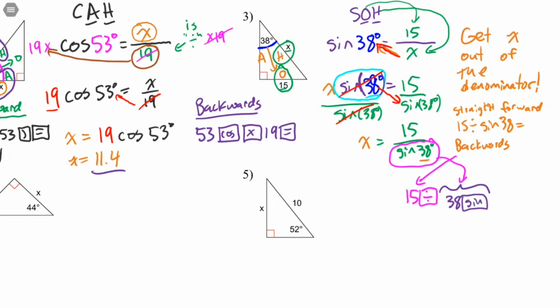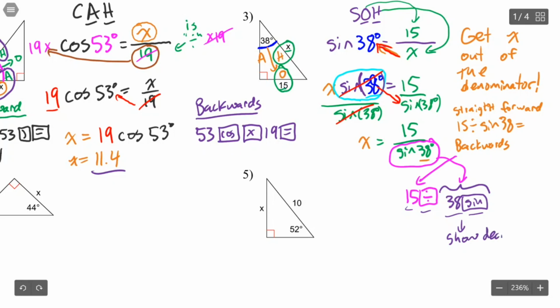So you say 15 divided by 38 sine. Notice you don't hit equal, and then the 38 sine on your calculator display will show at this point a decimal number. And then when you hit equal, that should give you the correct answer. The correct answer in this case is x is, rounded correctly, 24.4.